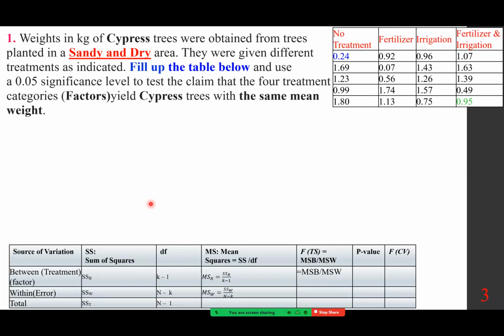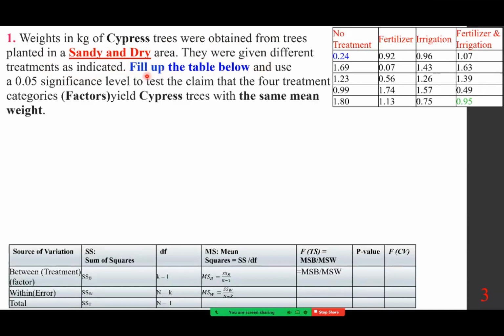So let's take a look at this example. Weights in kilograms of cypress trees were obtained from trees planted in a sandy and dry area. They were given different treatments as indicated.